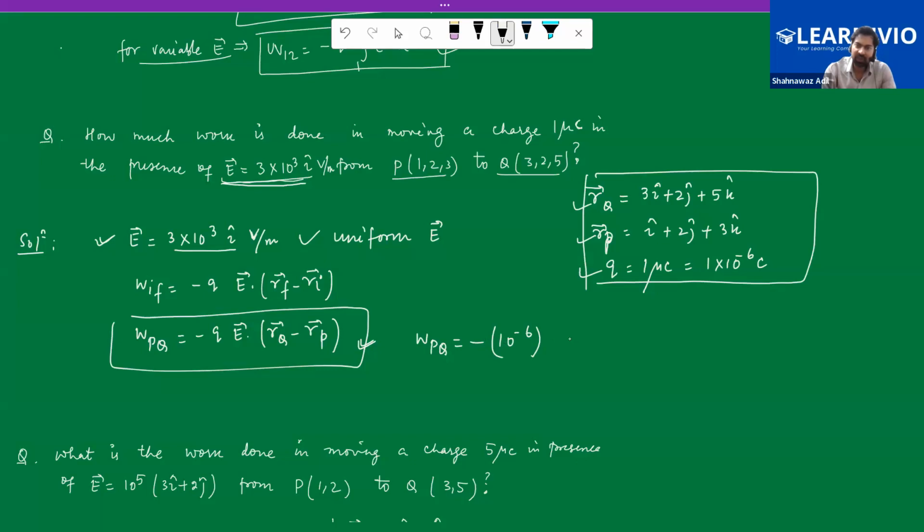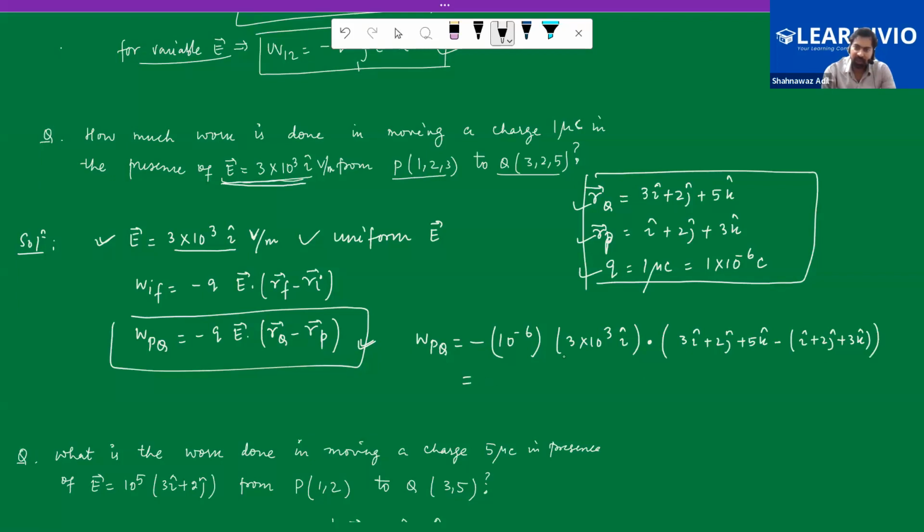And then you have electric field which is 3 into 10 to the power 3 I hat, and then you have to take this with the dot product of the other vector which is RQ. RQ is 3I plus 2J plus 5K minus of this RP. RP is I plus 2J plus 3K.